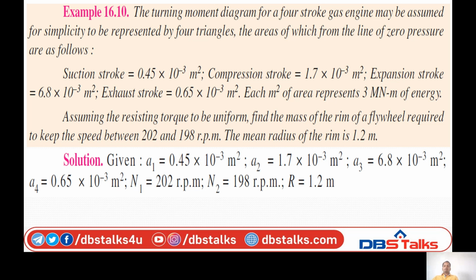How much weight or mass is required for the flywheel? Given are A1, A2, A3, A4, the areas during the suction, compression, expansion, and exhaust strokes, and finally the speeds.